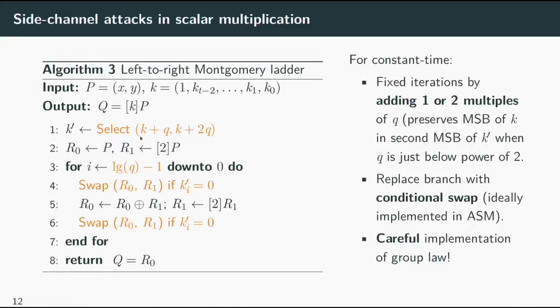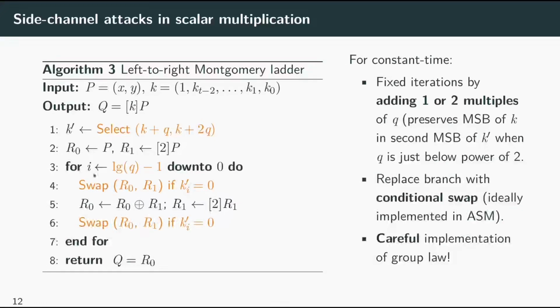First of all, before the scalar k is used, a multiple of the group order is added to produce a related scalar k prime that has fixed length, which allows us to fix the number of iterations of the loop as well. What's interesting here is that the way we add multiples of the group order preserves the most significant bit of k in the second most significant bit of k prime.